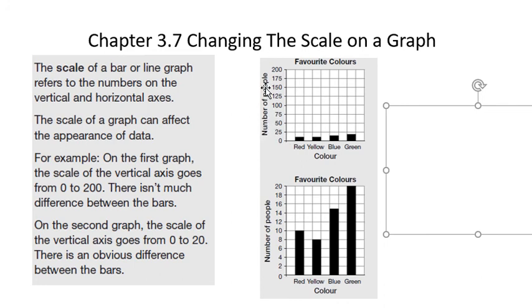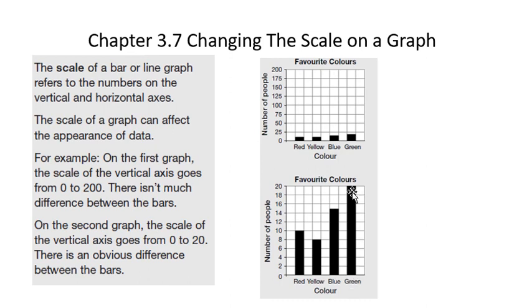This graph with a scale of 0 to 200 has all this empty space and the bars look like they're the same size. However, by making the scale from 0 to 20, where we skip count by 2s, we can now see that the bars on the graph are actually quite different.